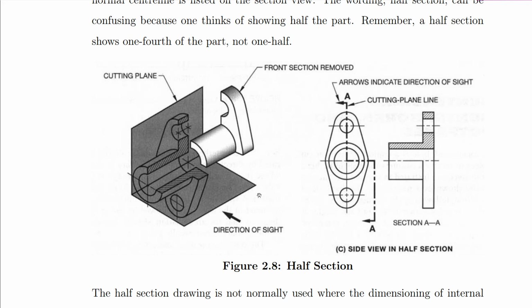Like we have here in 3D, the cutting plane goes like that and comes this direction, and we remove this front section and view from this direction. This is what we are going to see, something like this.